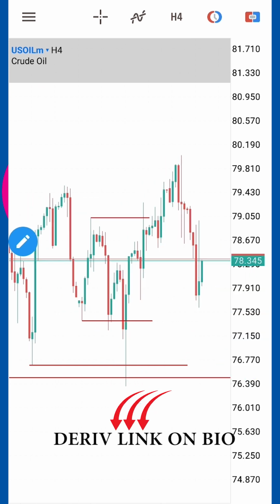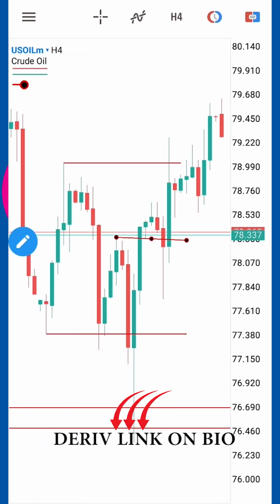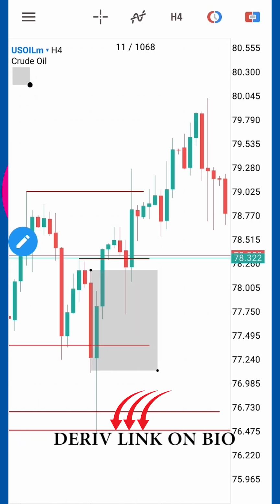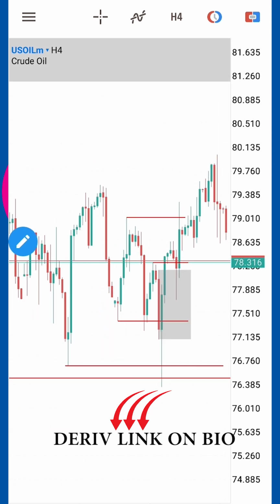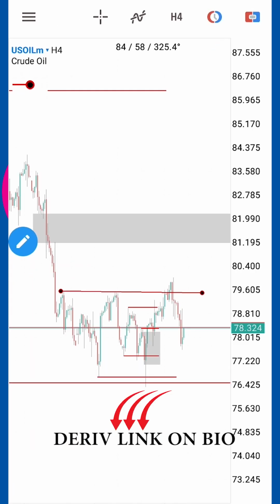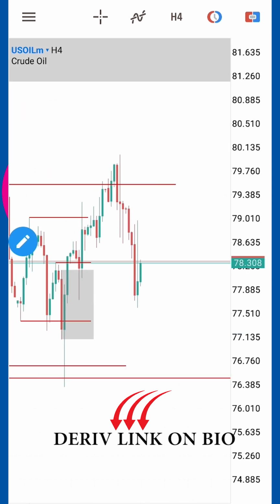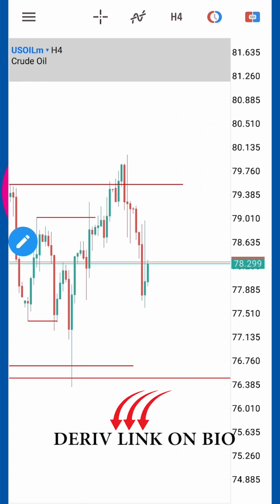Now before it went up to make that wipe, it gave us the first sign, which is the change of character, the first sign that it is going to shoot up, and it respected that 4-hour order block after it returned back down. And after that it shot up and it made a clear break of structure above that main high, which means price has to now continue shooting up.